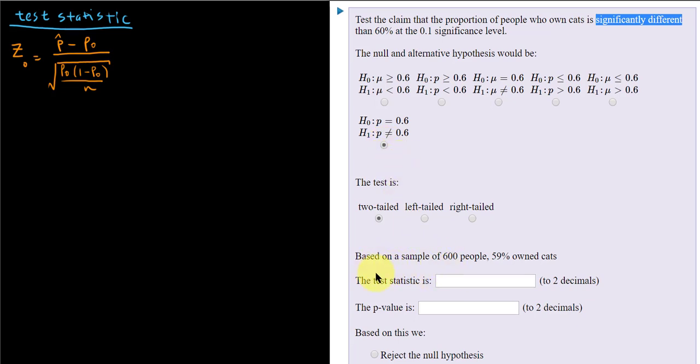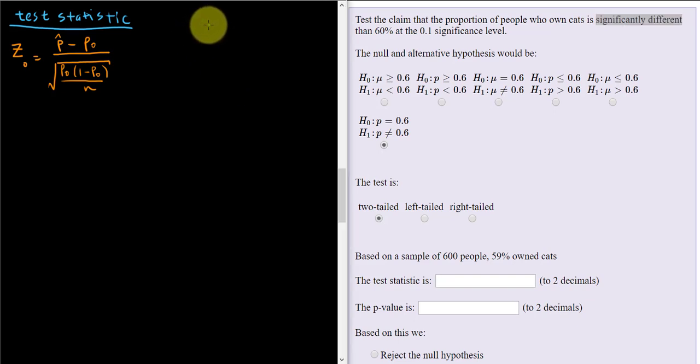Now we're going to calculate the test statistic and then the p-value based on this sample information. So let's write down this info in our little writing space over here. The hypothesized value for the proportion, that's p0, that's the 0.6. We've already been given that info up here. The sample size is 600 people, so that's n.